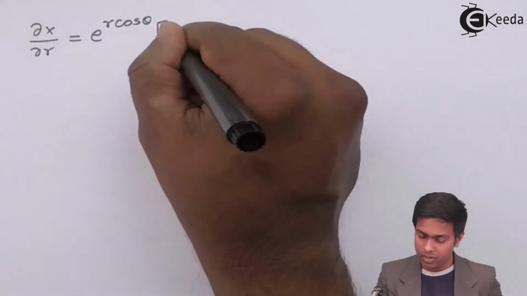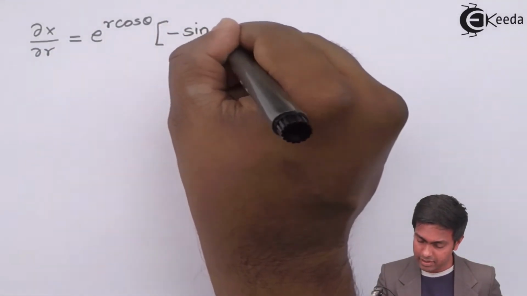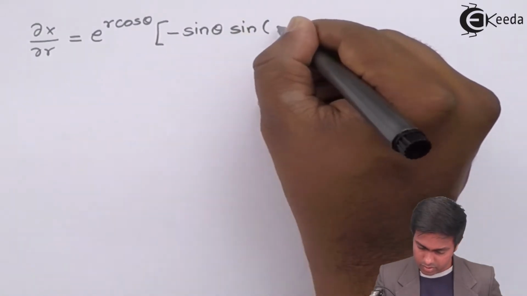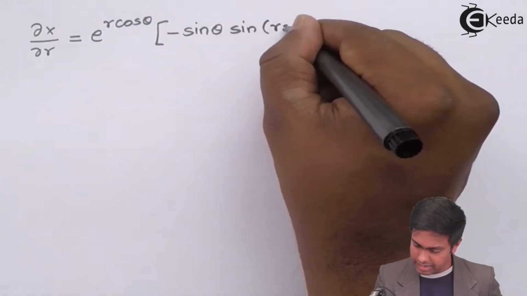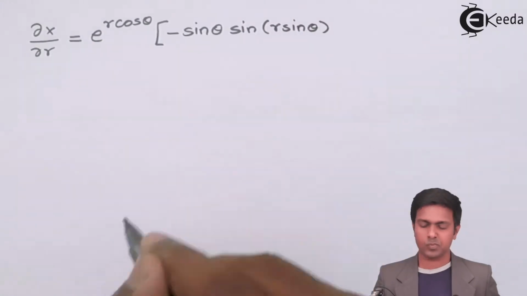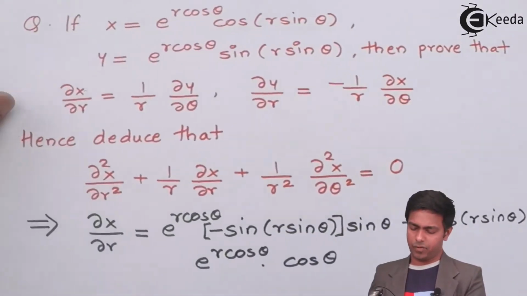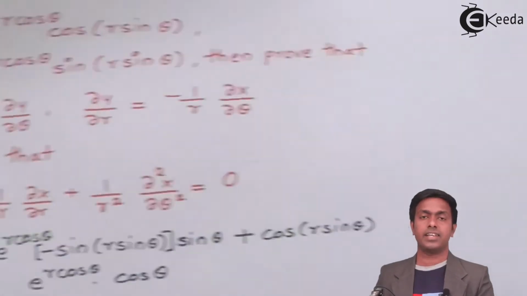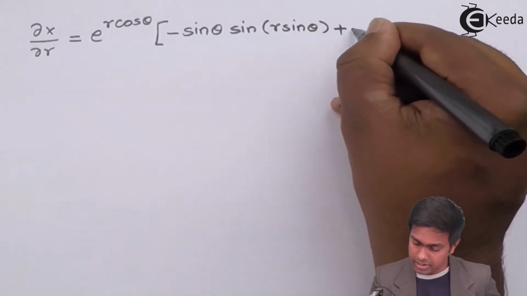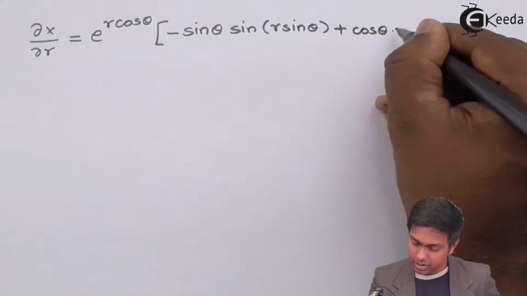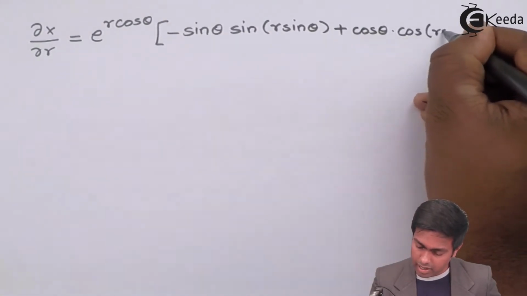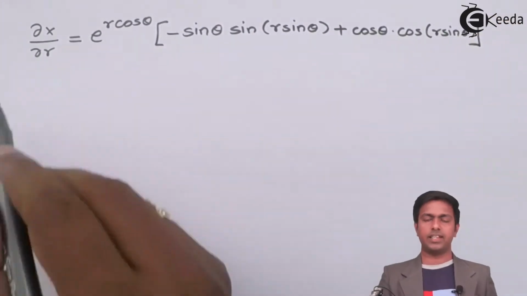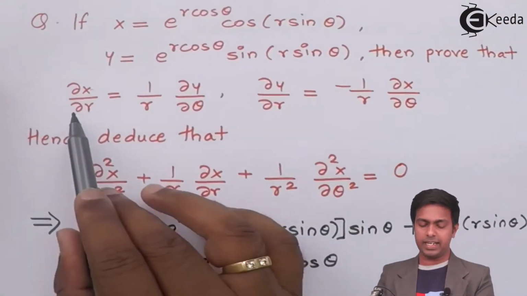So here I'll write down negative sine theta into sine of r sine theta. Next, from the second term cos theta and cos of r sine theta will remain. So plus cos theta into cos of r sine theta will remain. So guys, this is the value of del x by del r.